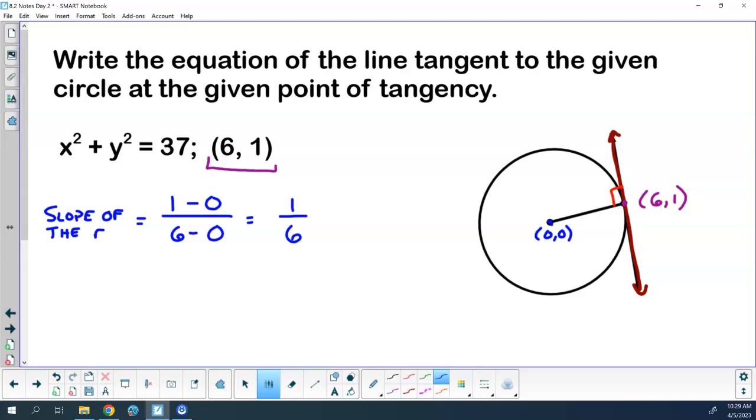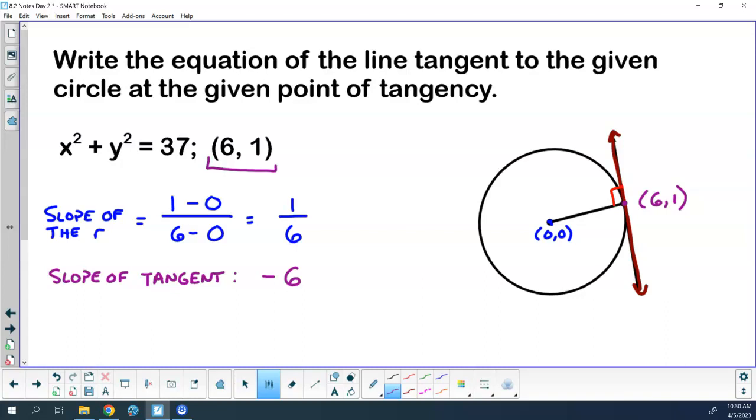What's the slope of the tangent line? -6. Opposite means it goes from positive to negative. Reciprocal means it flips over.